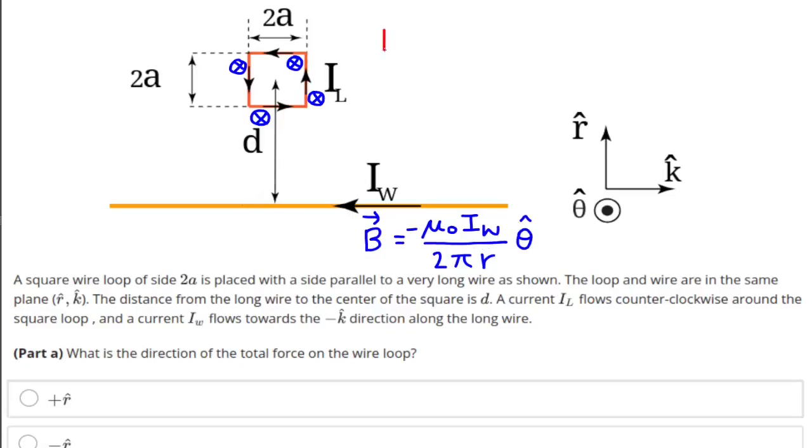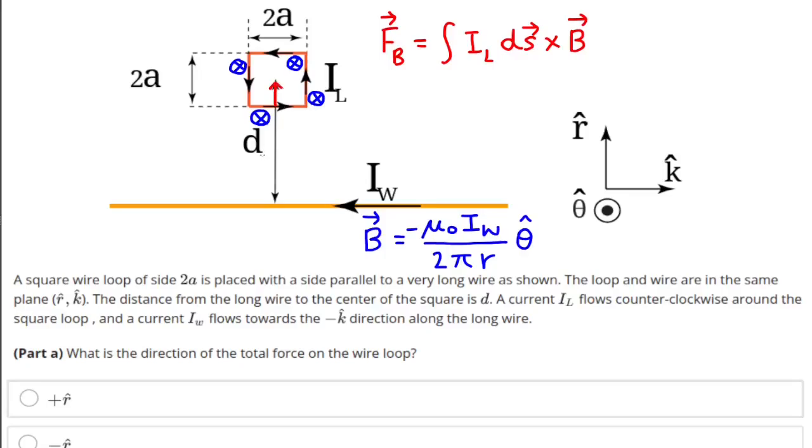So recall that the magnetic force is the integral of the current, in this case the current in the loop, times the direction vector in the direction of the current, cross the magnetic field. On the bottom part of the loop, we have the differential vector to the right and the magnetic field going into the screen. So by the right hand rule, the magnetic force acts in a vertical direction.